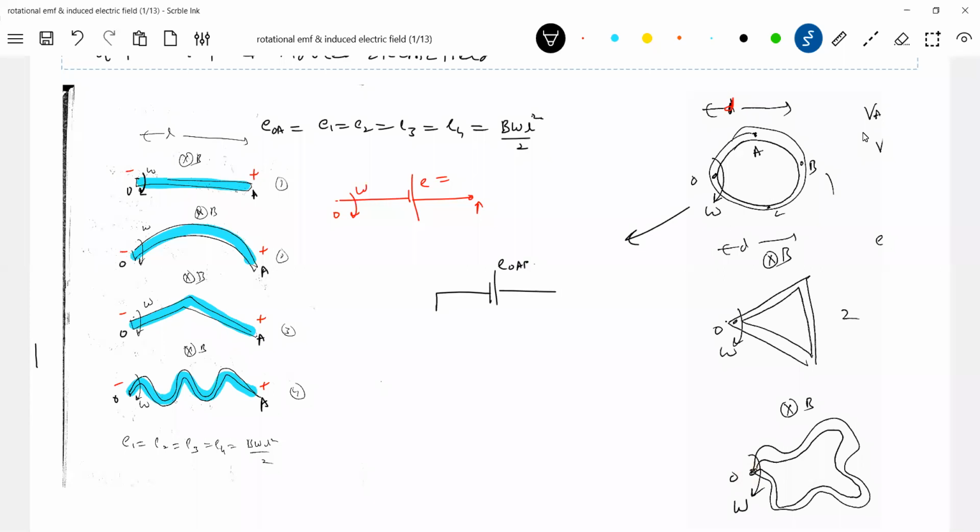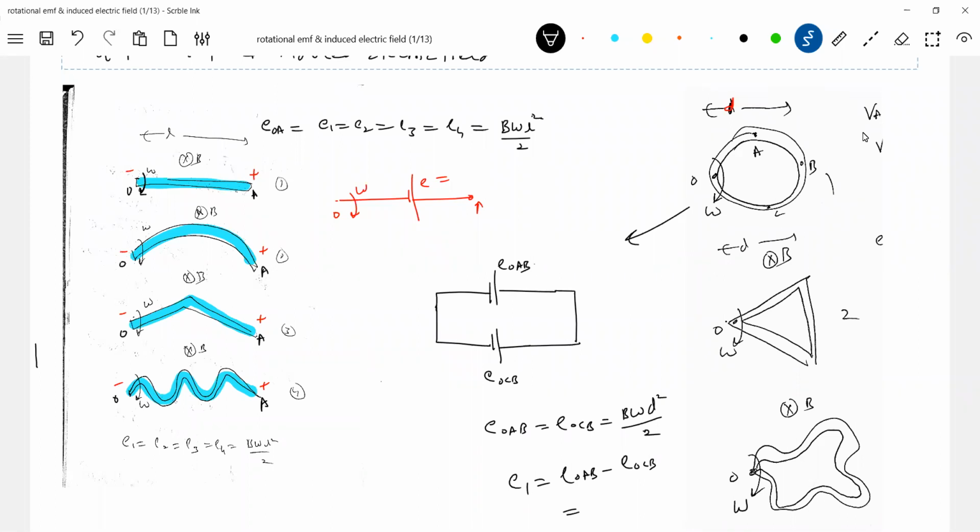This is EOAB and this is EOCB. And the magnitude of EOAB equal to EOCB should be equal to B omega d squared by 2. The net EMF induced in loop 1 is EOAB minus EOCB. Why negative?